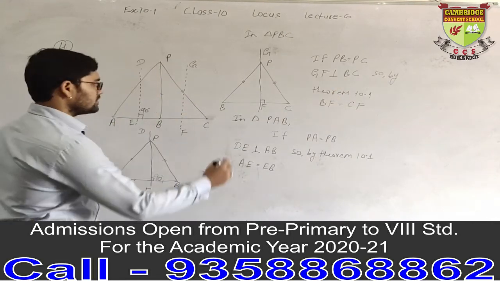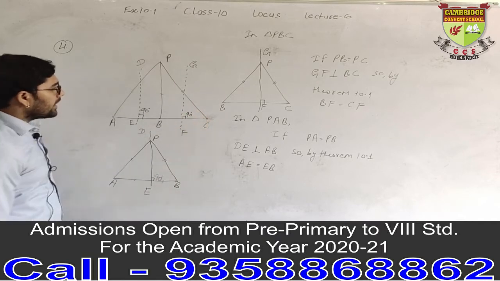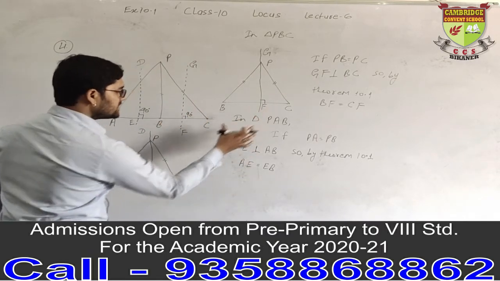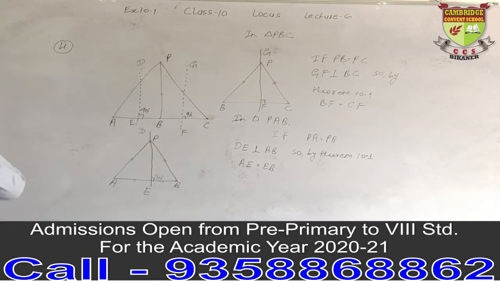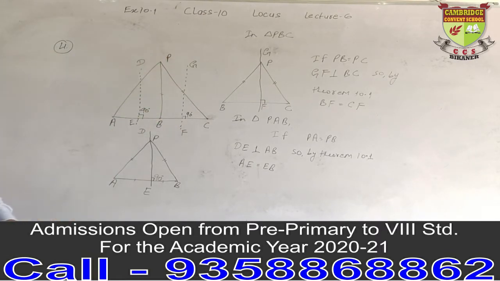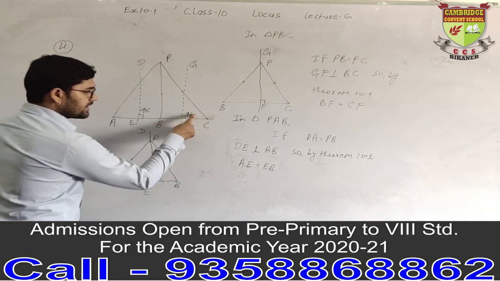This is 90 degree, so this is 90 degree. And why have I drawn GF here? Because it bisects BC, right? Now notice one thing, DE and GF, they both make a 90-degree angle. This is 90 degree and this is 90 degree.